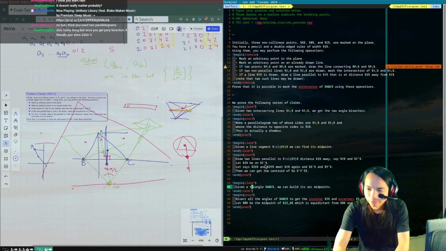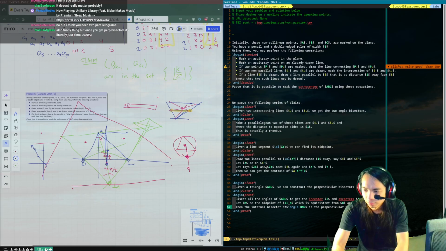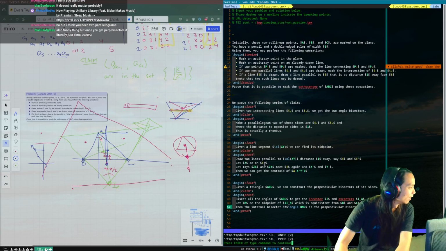In a triangle ABC, we can construct the perpendicular bisectors of its sides. Then the internal bisector of angle BMC is the perpendicular bisector of side BC. It's literally AMO 2023.